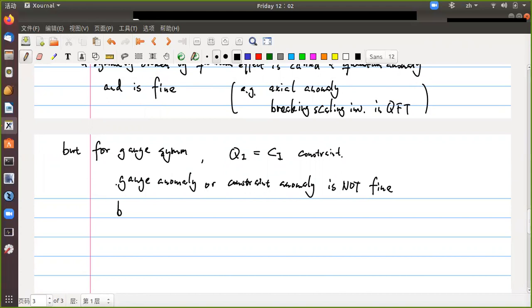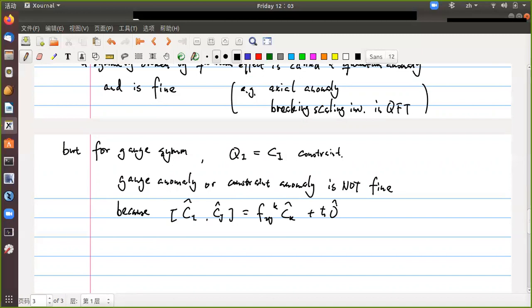But in many cases, you are not able to show that you have no gauge anomaly at all. Gauge anomaly appears anyway, because when you quantize the constraint, you get a quantum correction. When you quantize, Ci, Cj equals f_ijk Ck plus ħ correction.